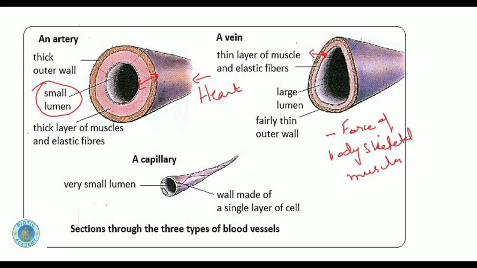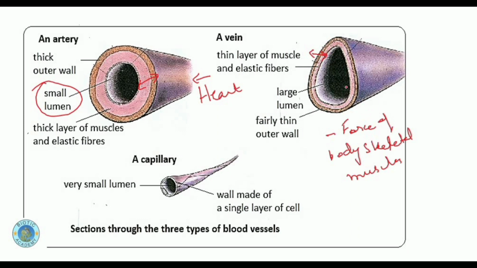Body skeletal muscles push the blood in the veins against gravity towards the heart. These veins also contain valves in them. These valves make sure that the blood will not flow back. They make sure that the blood has one flow, and that flow is towards the heart.